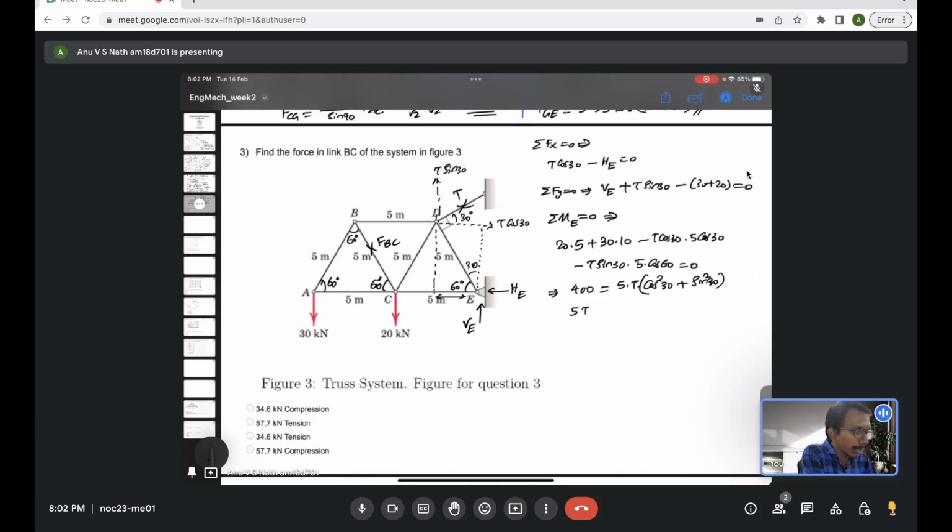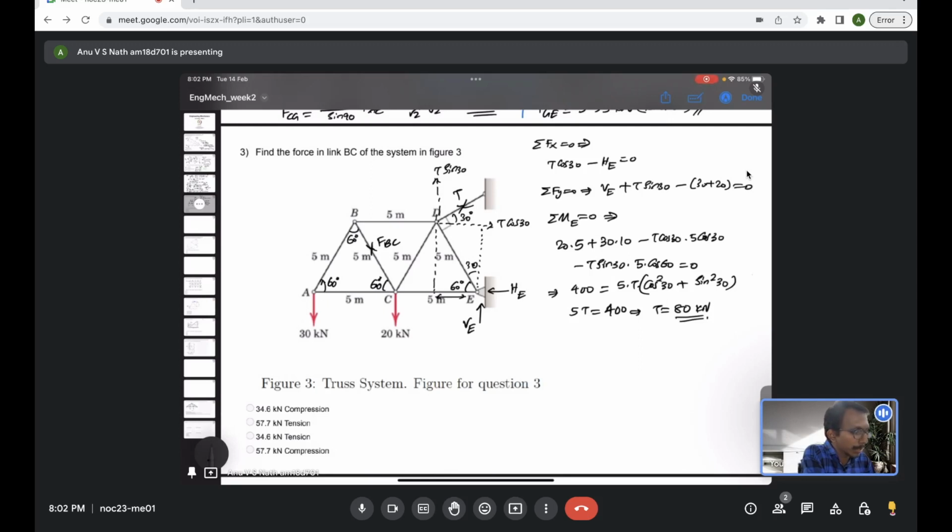So 5T is equal to 400, because sin square 30 plus cos square 30 will be just 1, or tension is just 400 by 5, which is 80 kilonewton. Yeah, so this is the tension acting on the string.